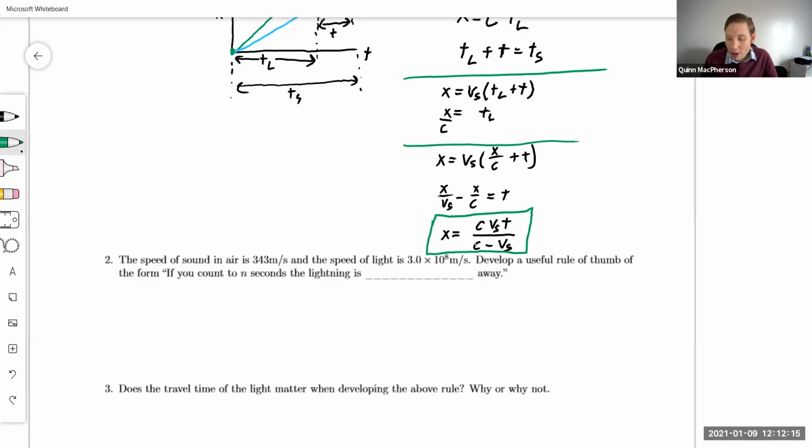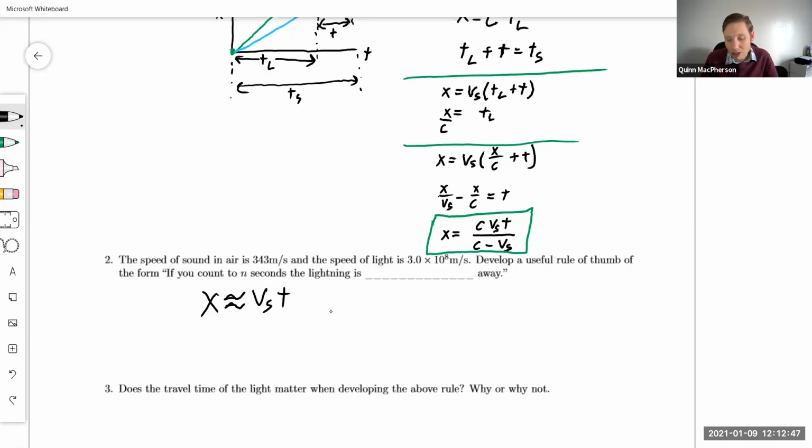So this c is so much bigger than this vs that you can just ignore the vs. It's tiny. It's rounding error on top of the velocity of light, which means this c cancels with that c, and we can just use distance equals vs t. It's approximately true, not exactly true, but we can ignore that for practical purposes.